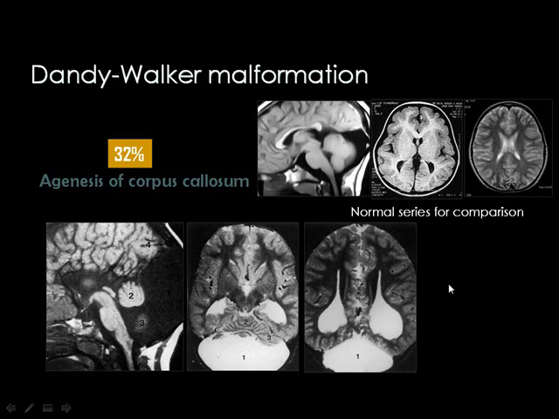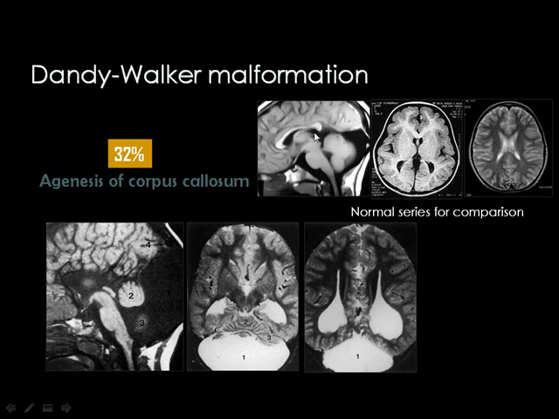And this is a case of Dandy-Walker malformation. You see a posterior fossa cystic lesion which is communicating with the fourth ventricle through an aplastic cerebellar vermis, and you see dilated lateral ventricles. And in the sagittal view, you cannot see the corpus callosum.